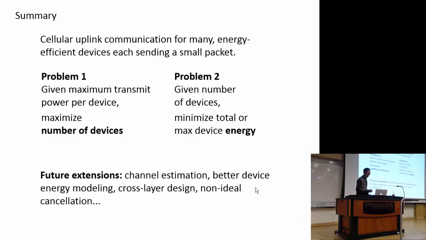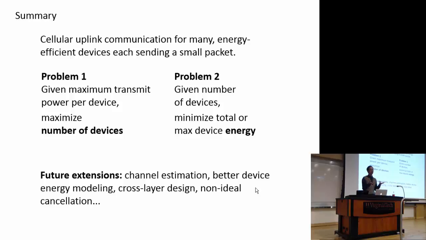Okay, so this is the end of the talk. So I've talked about uplink communication for the Internet of Things in a cellular network. Each device wants to send a small packet of information. We talked about these 2 problems, one for maximizing capacity, one for minimizing energy.